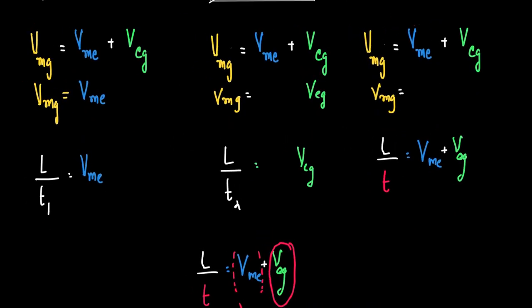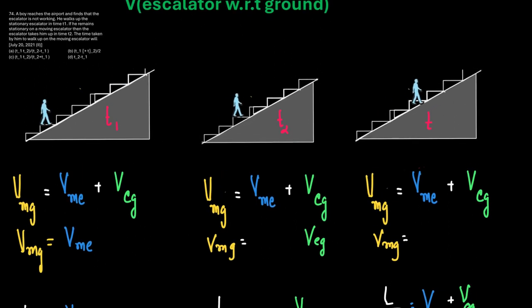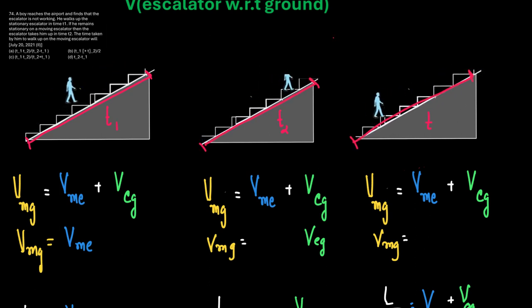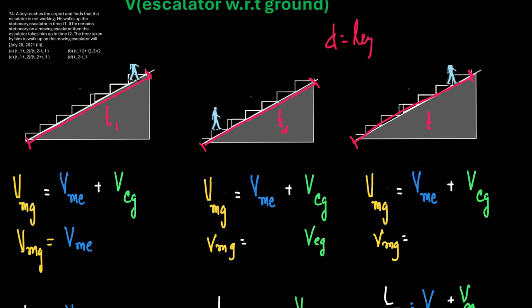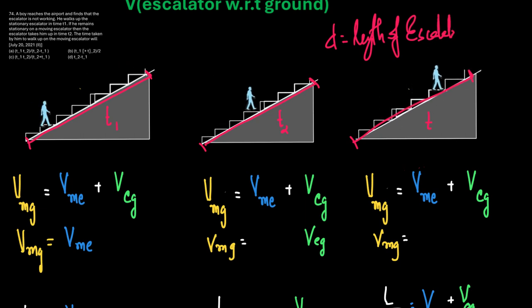So in all three cases, the distance traveled remains the same. Why? Because the distance traveled is actually the length of the escalator.